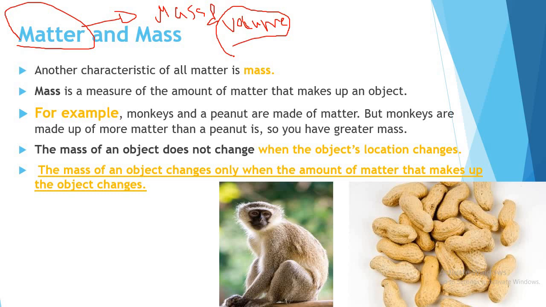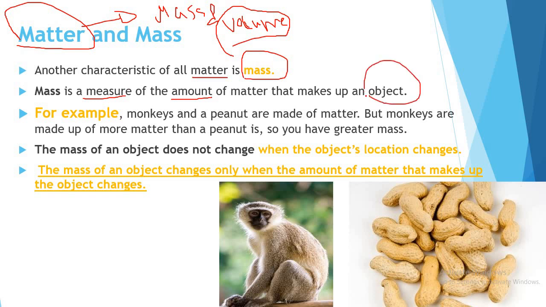Matter has another characteristic, which is mass. What's meant by mass? Mass is a measure of the amount of matter that makes up an object.